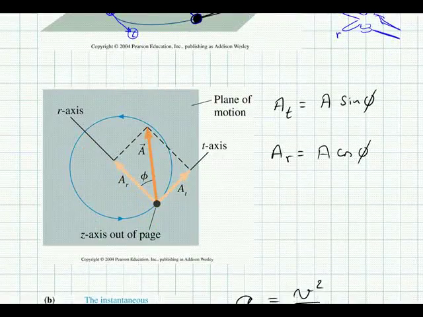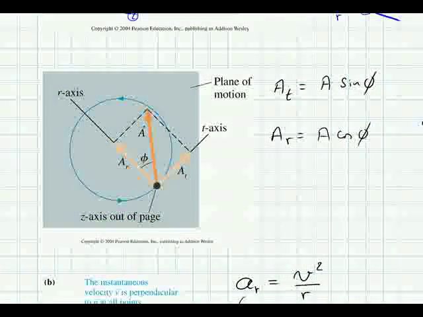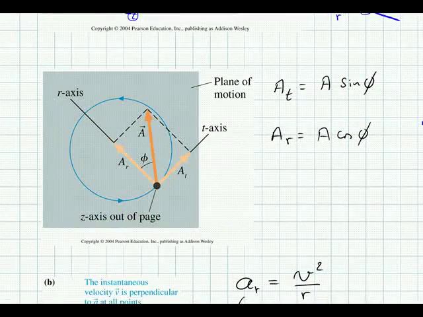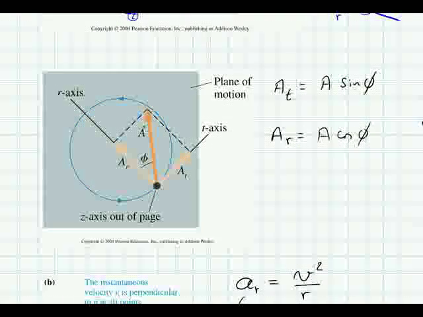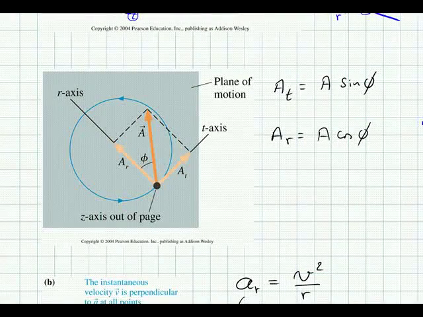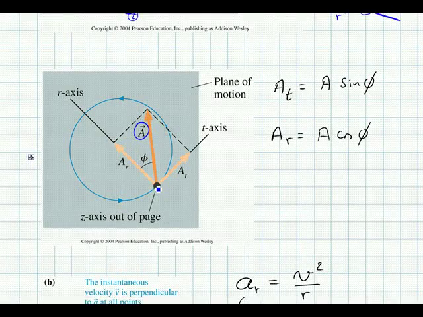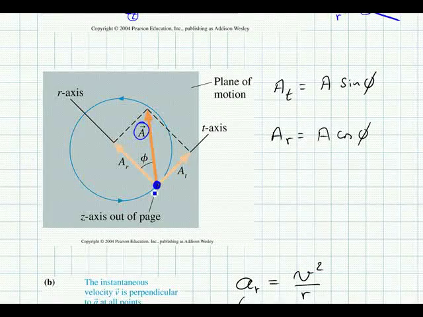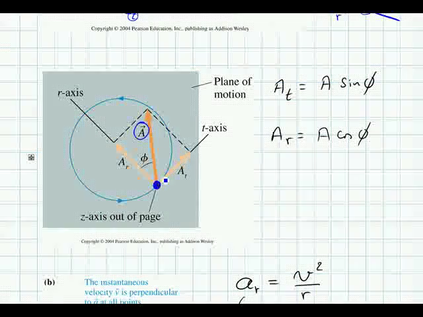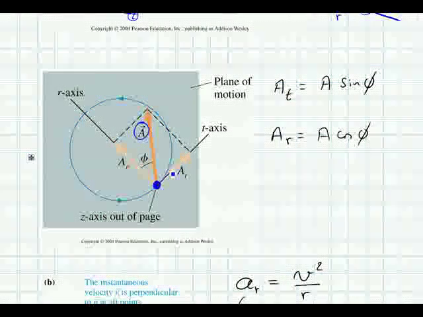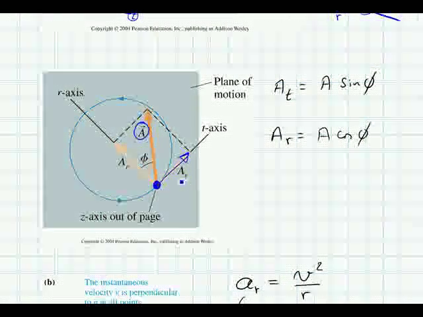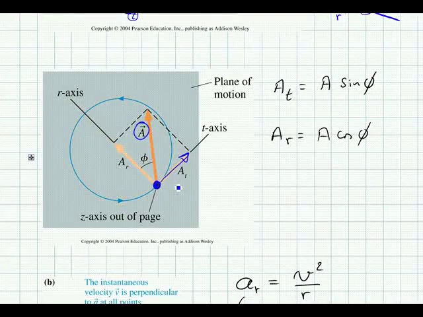Alright, so in the RTZ coordinate system, let's say you want to show the components of a vector A, here A is just any old vector. So remember, the origin of the coordinate system is where the object is, right here, and the T is tangential to the circular path, so AT, the T component of A, is tangential to the circle.